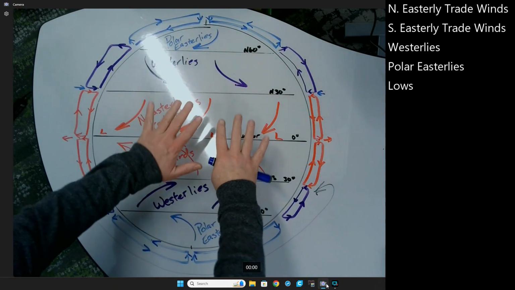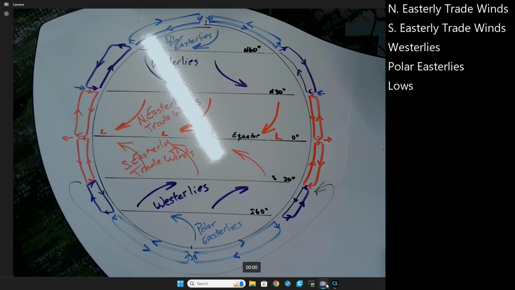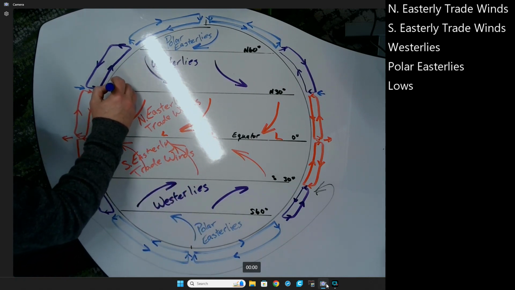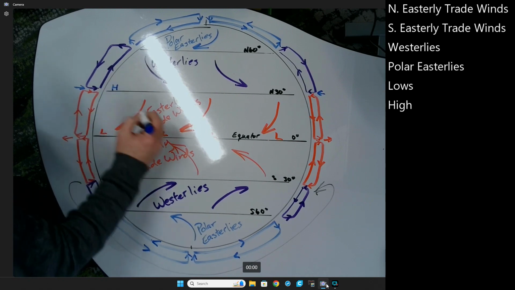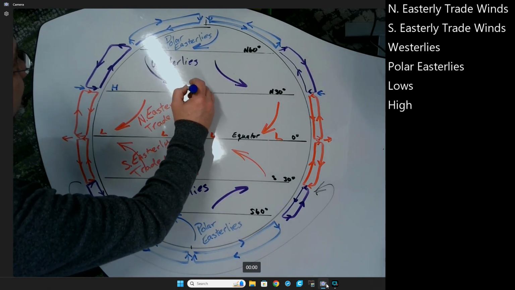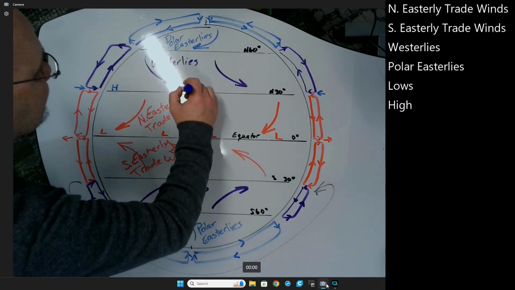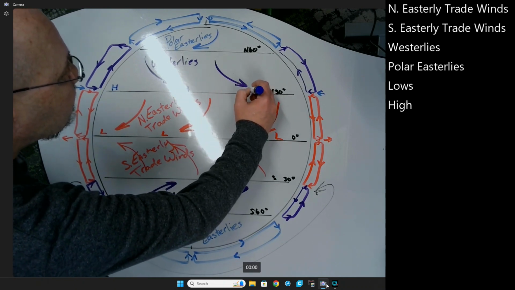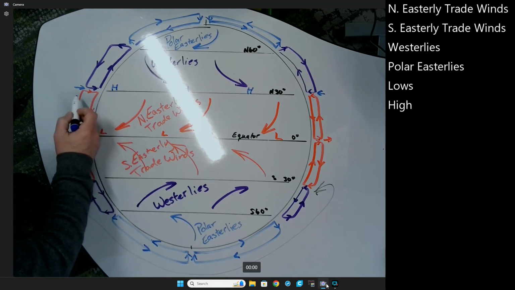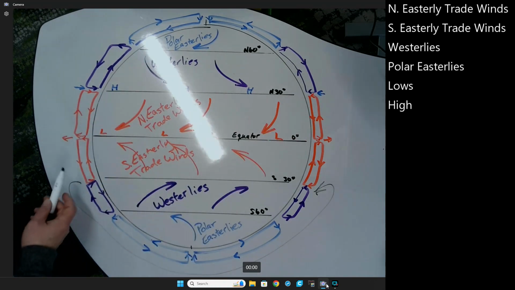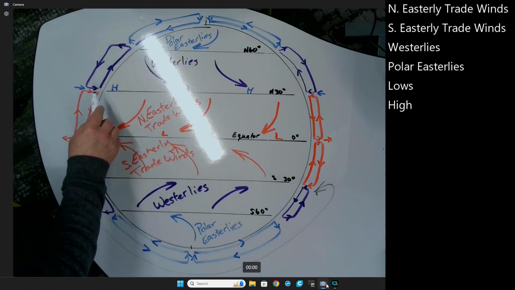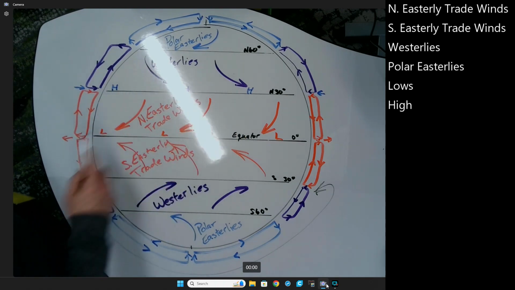If the atmosphere is pushing down, you're going to have what pressure? Hopefully you said high. So predominantly along the 30-degree latitude line where the Ferrel and the Hadley meet and push down, you're going to have high pressures.